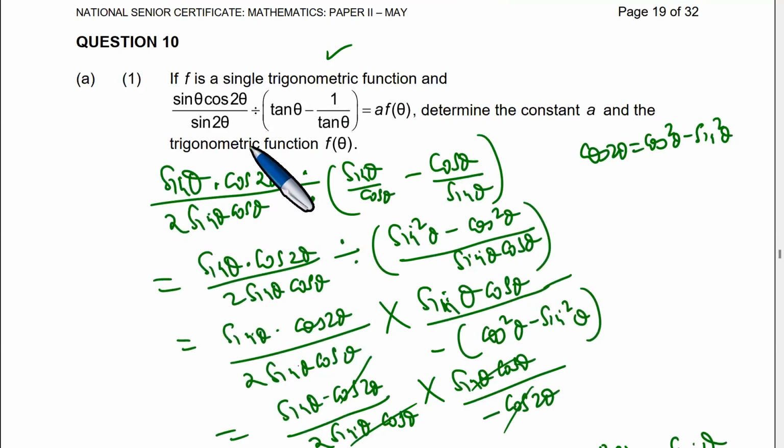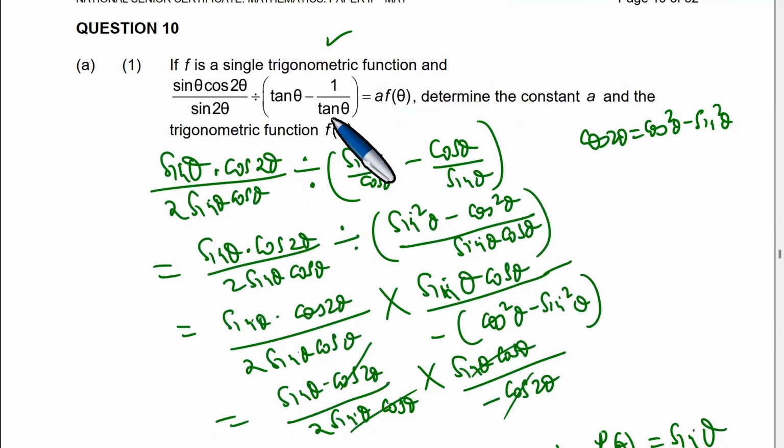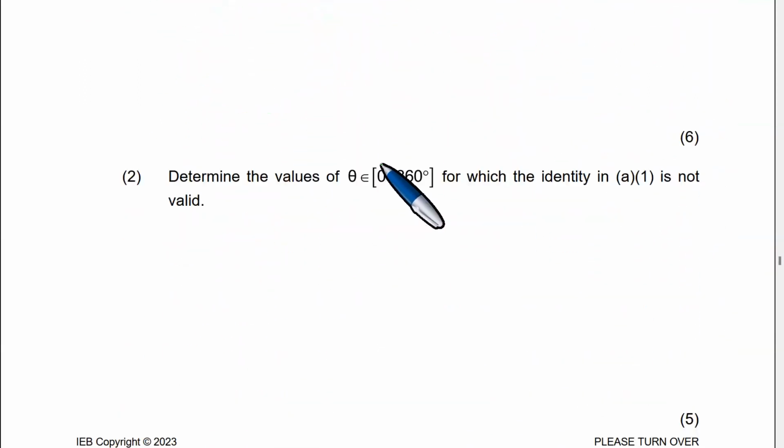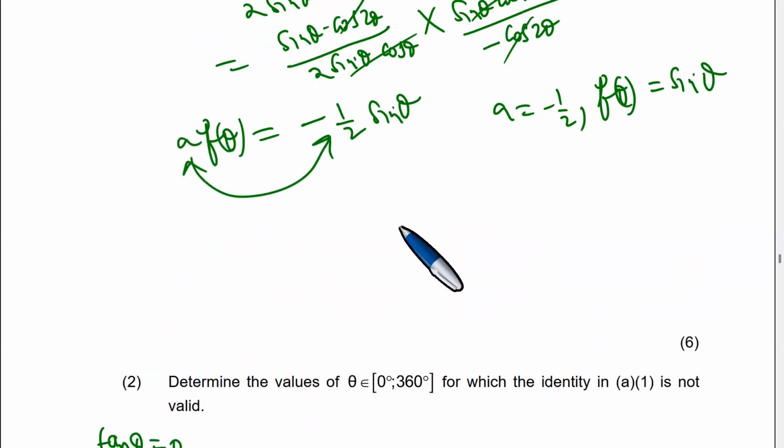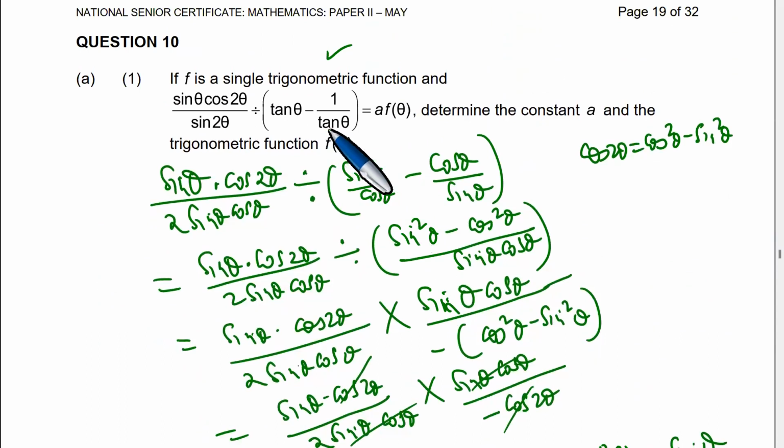So there are three instances when that is going to be happening. First instance, it's going to be when tan theta is 0. And because it's in the denominator, it is going to be undefined.